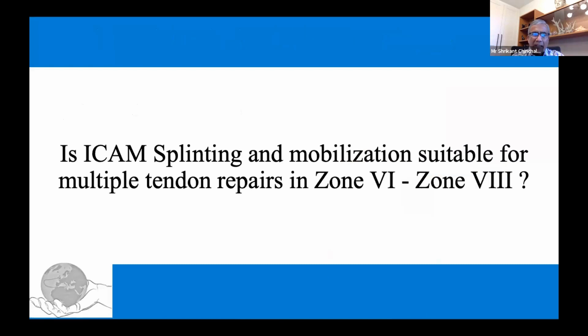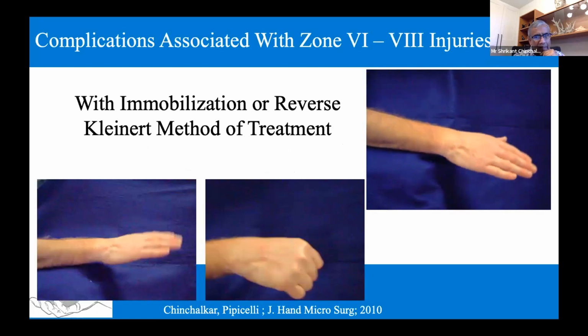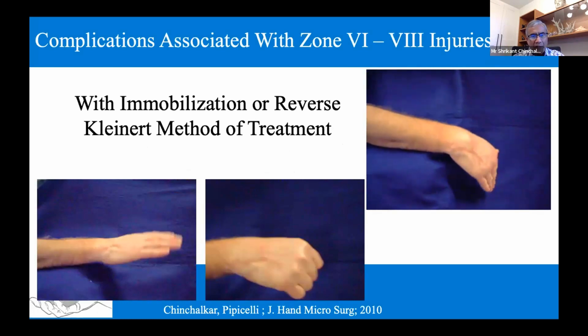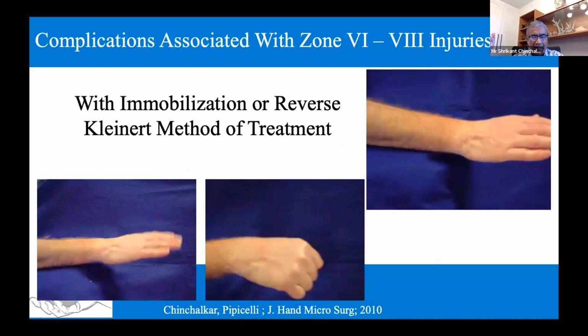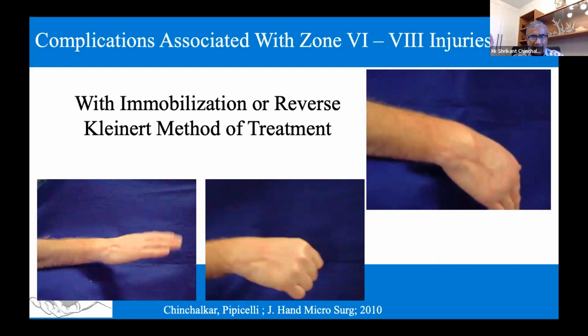So the question arises whether relative motion splinting or ICAM splinting and mobilization are suitable for multiple tendon repairs in zone 6 to zone 8. These are some of our cases where we were not very successful when using reverse Kleinert. These patients ended up having some tenolysis, and following tenolysis they had a greater arc of motion.